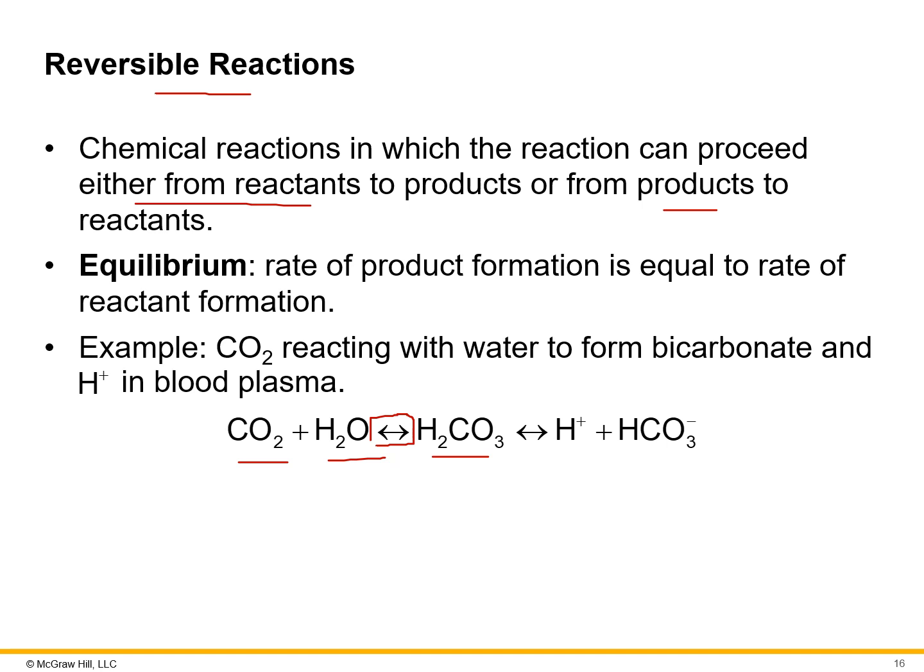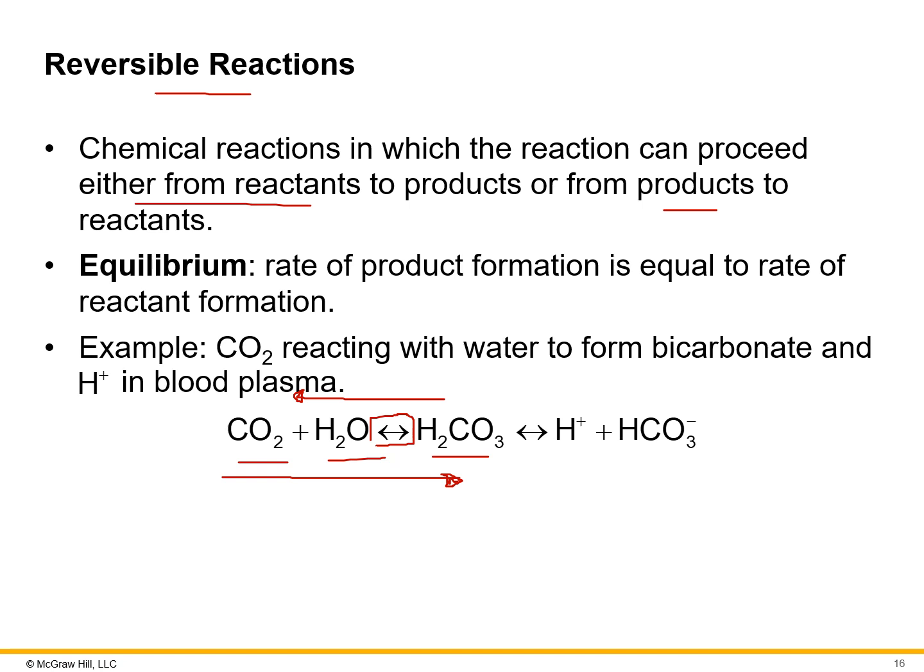So it's possible that carbon dioxide and water can form carbonic acid, moving to the right. But once that acid is formed, it's also possible to break the bond and go back to carbon dioxide and water. So now the product turned into the reactants, and the products that were just made were the reactants before. So these are reversible reactions.